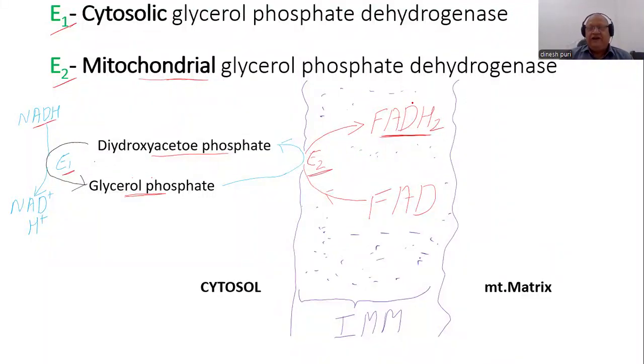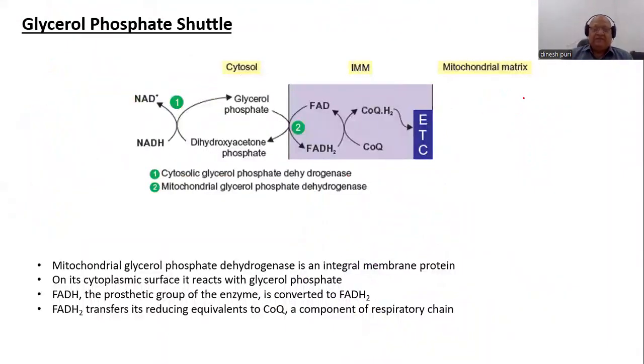Now this FADH2, as you all know, can donate its electrons to the electron transport chain to produce 1.5 ATPs, because FADH2 donates the electron to coenzyme Q, ubiquinol, thereby bypassing the first step of complex one of the electron transport chain.